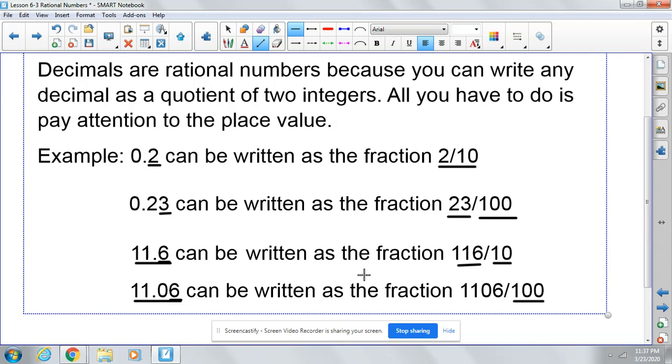So this is written as 1,106 over 100. Now, I'm really not going to be throwing any numbers that are in the thousandths place at you guys. You're really working with the ones place, the tenths place, and the hundredths place in your practice in this chapter.